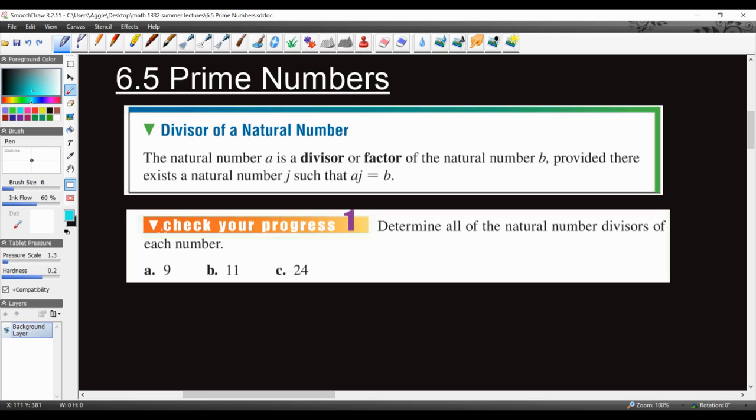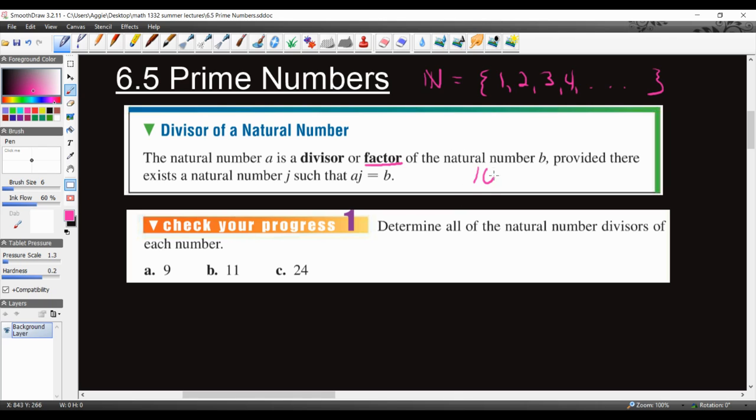We have something called the divisor of a natural number. Remember that the natural numbers are the numbers that start with 1, and then they just go up in whole numbers from there, up to infinity. A natural number a is pretty much a factor, as we've taught you it's called in school, of another natural number b, provided that there exists another natural number j such that a times j equals b.